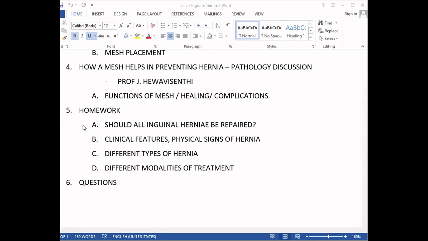And what are the different types of surgeries to treat inguinal hernia? One thing is, should all inguinal hernias be repaired? Read about it, you will find an answer for it. We didn't discuss clinical features and physical signs of hernia, read about it. Altogether, what are the different types of hernia and different modalities.